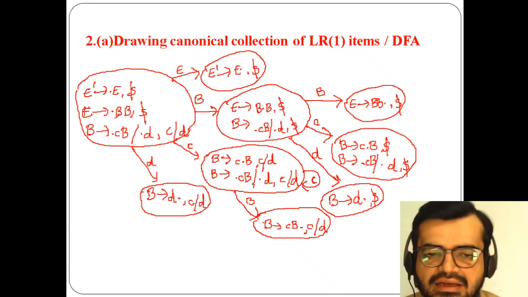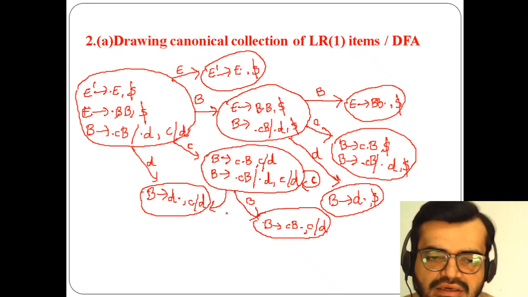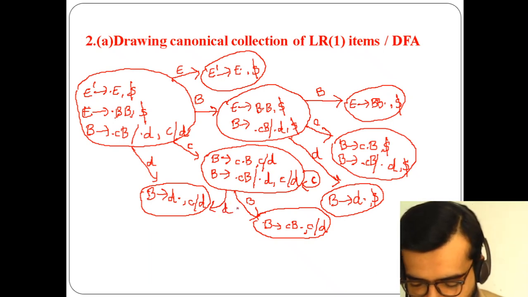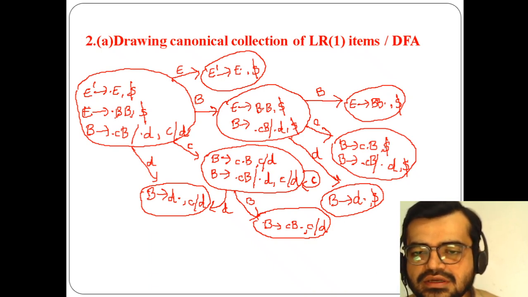And again, if I'm using D, B of D dot, the same production will come, with C or D as the look ahead symbol. So here D will be there. In that way, and again what is left over now? The leftover is this part.